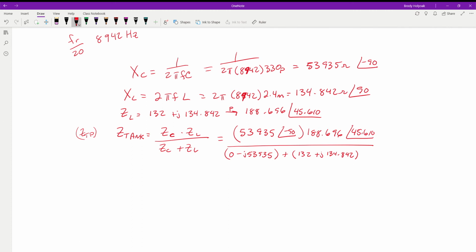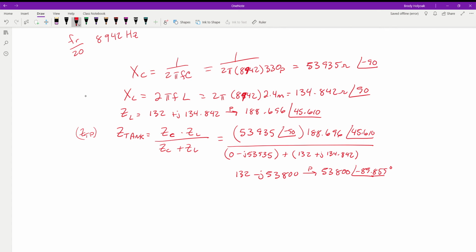So we're going to add this together and then convert to polar so we can divide it out. Kind of just doing the steps all together, we end up with 132 minus J of 53,800. We're going to convert that to polar, and that comes out to be 53,800 at an angle of negative 89.859 degrees.